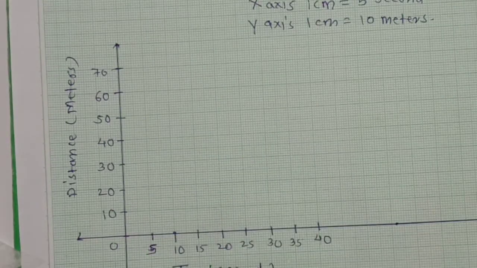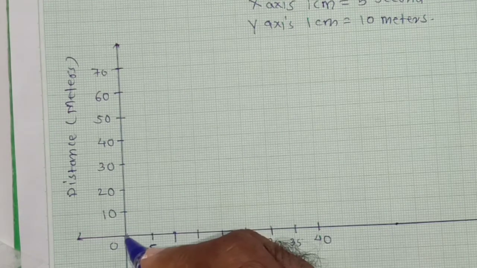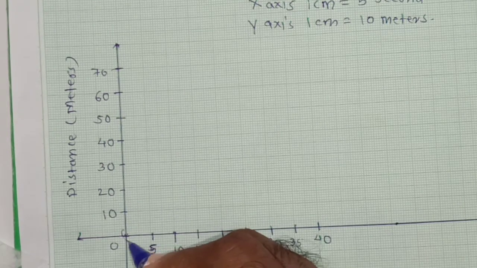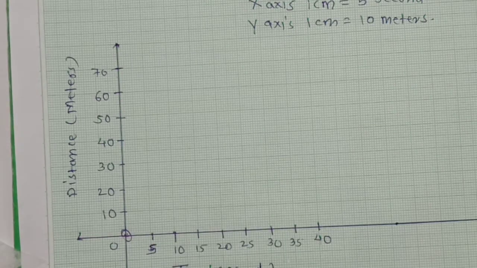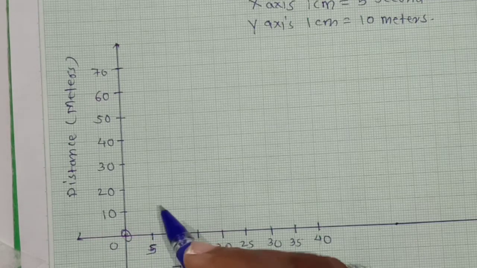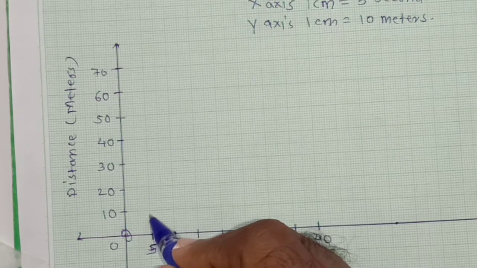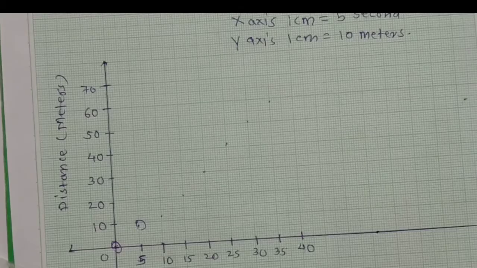The first point, time is 0 second and distance is 0 meters on y-axis. So this is our first point. Then second point, time is 5 second and distance is 7 meter on y-axis. So here is our second point.